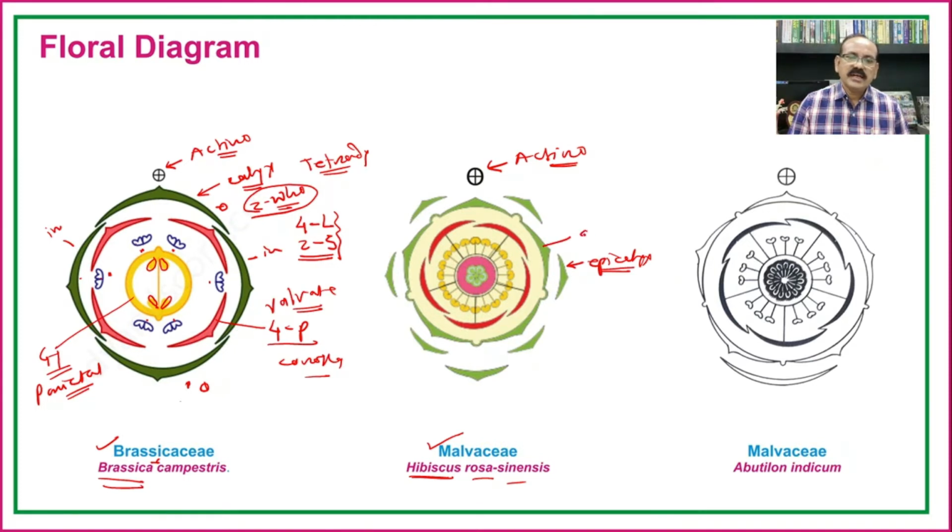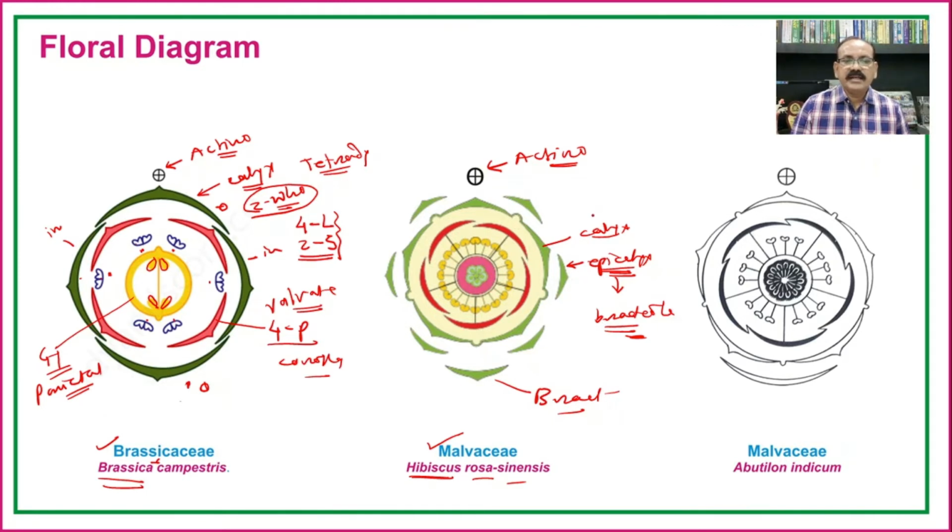So, these are the calyx, and outside the calyx there is a presence of epicalyx. These epicalyx are made up of bracteoles. Here the flowers possess the bract, and hence it is bracteate and bracteolate both. There are many bracteoles, and hence the whole of the bracteoles is drawn in the floral diagram.